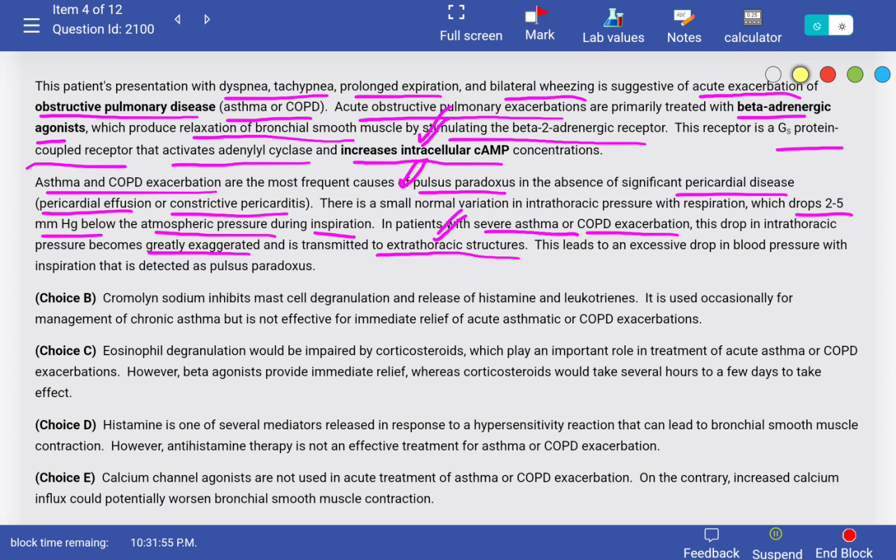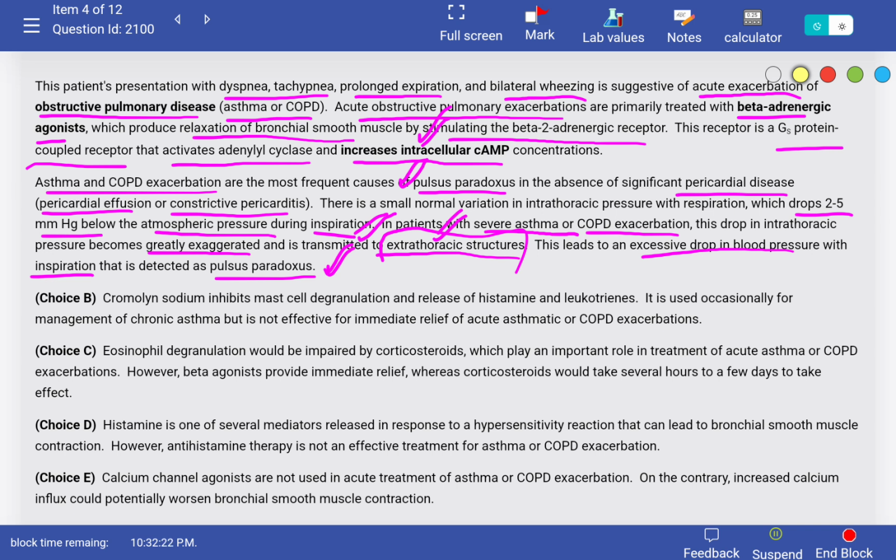This leads to an excessive drop in BP with inspiration, which is detected as pulsus paradoxus, the same as in cardiac tamponade.